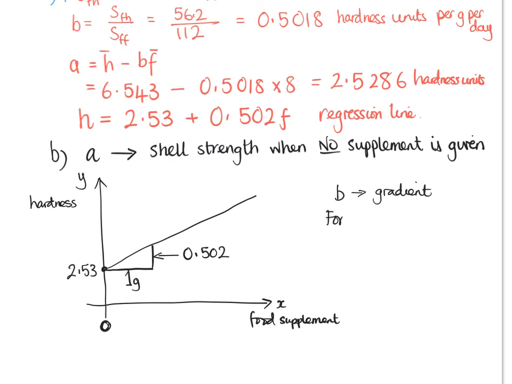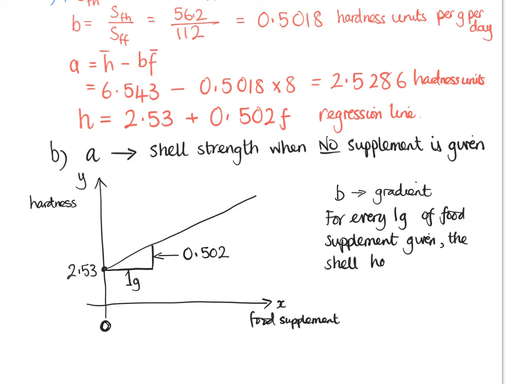So for every 1 gram of food supplement given, the shell hardness increases by 0.502.